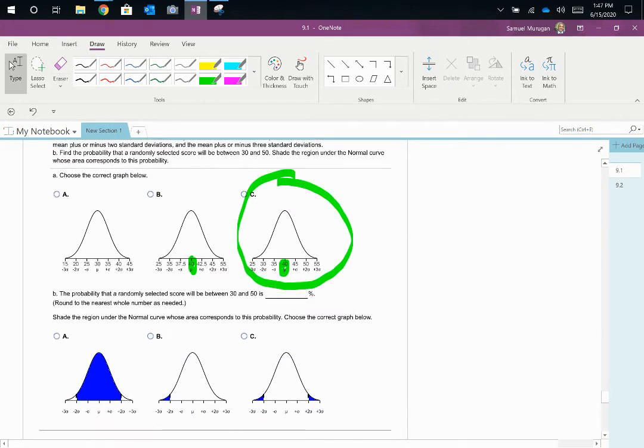The question continues: what is the probability that a randomly selected score will be between 30 and 50? So in between immediately gives you a clue here. This is between two standard deviations to the left and to the right.